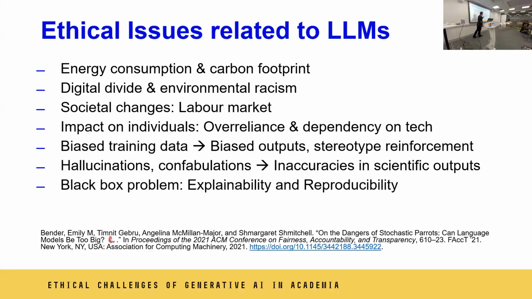Even if we know the structure of the neural network, we know that there are some neurons with signals, we can't really say why the parameters are as they are, and explain the result and reproduce the result is really difficult. So these three issues have particular consequences in scientific work.